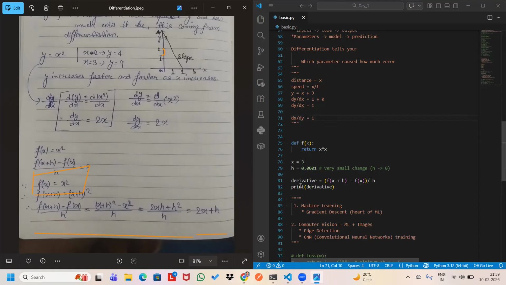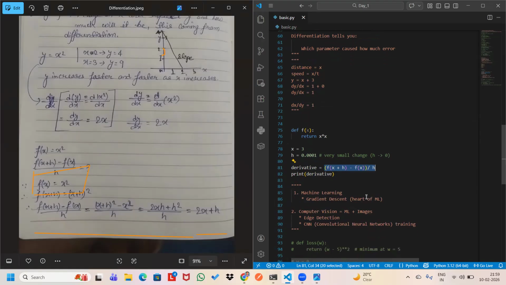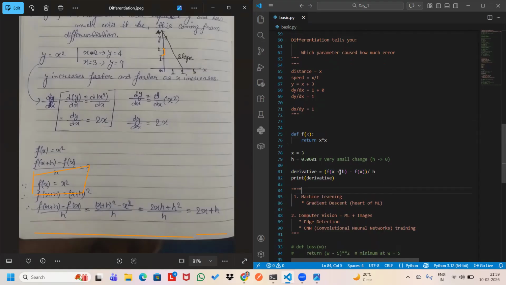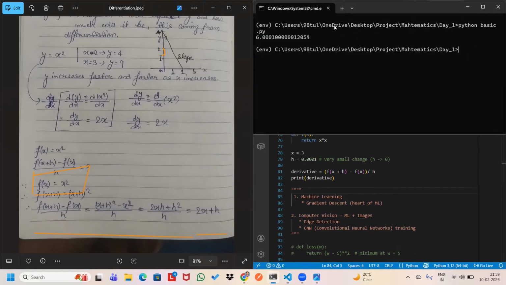Right now, I have taken an equation and put it in a reference called derivative, and I am going to print this derivative. It will first read that I have f(x), and it is going to return x square. So it will do the same thing that I did on paper, and you get the answer.